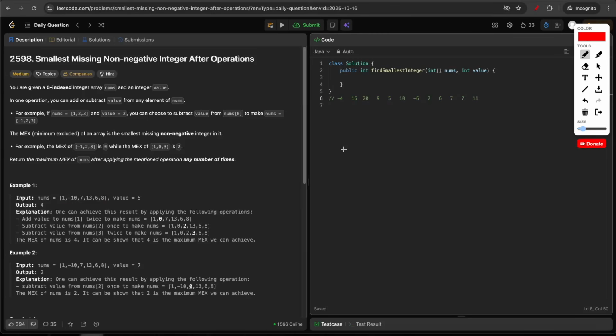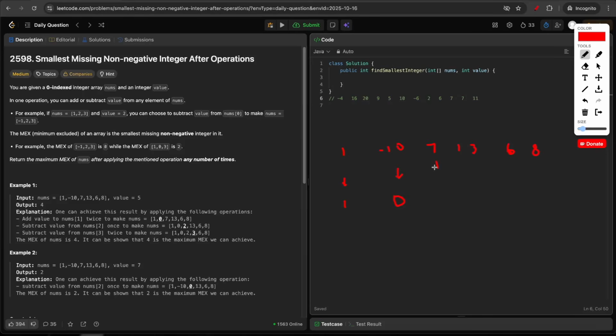So if we take the same example again, 1, -10, 7, 13, 6, 8. And also, we don't have any use for the negative numbers. So we'll try to convert the negative numbers into positive as well by just adding. So this one will remain the same. This -10, you'll add 5 two times. It will be 0.